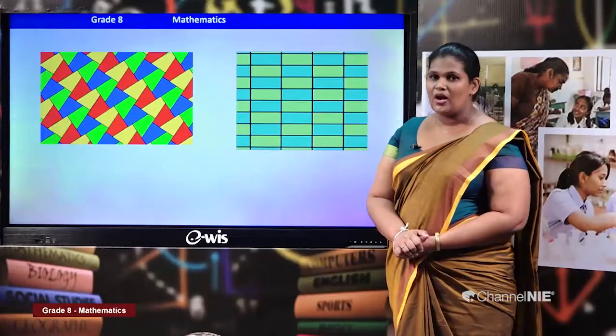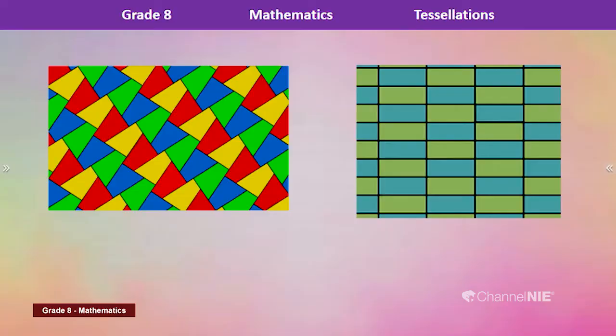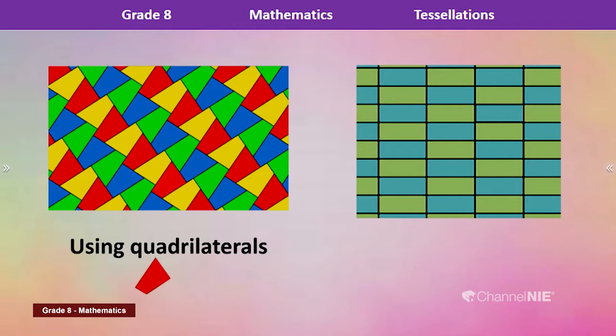Right. Now, have a look at this picture. What is the shape that you can see? Yes, those are quadrilaterals. Isn't that so? Now, throughout the picture, we have only the same shape but in different colors.